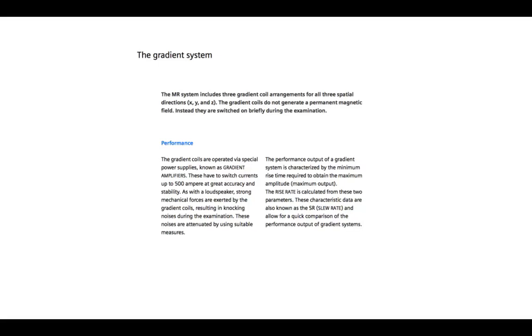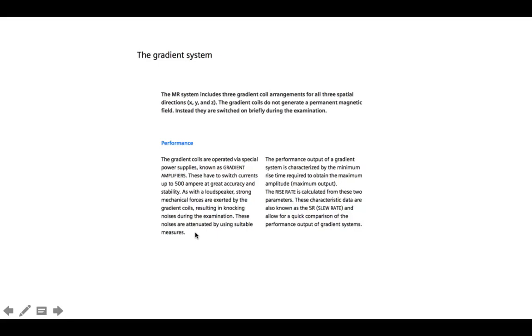So the instrumentation associated with the gradient system has to allow for a high degree of control, as does the instrumentation associated with the measurement system. Because these are big currents, up to 500 amperes, and they have to be switched with very great timing accuracy and high levels of stability, internal forces are generated in the mechanical system that provides this.